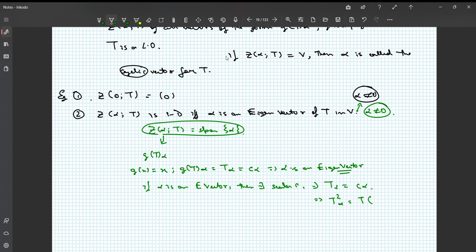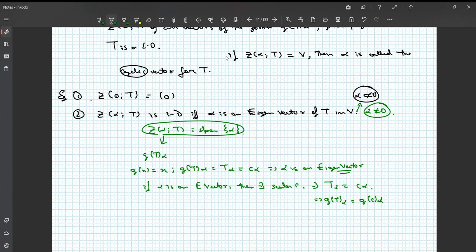We had discussed a property of these eigenvectors: if T of alpha equals C alpha, then for any polynomial G, G(T) of alpha is G(C) of alpha.